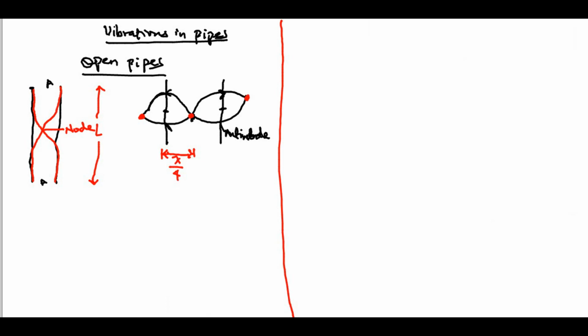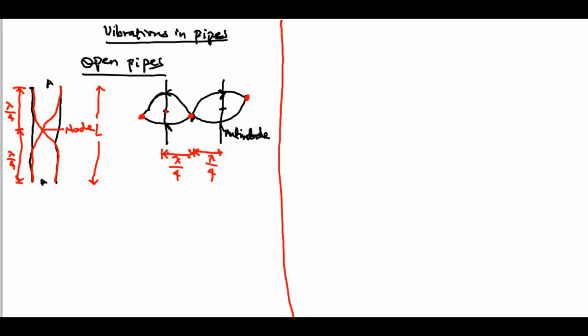So from here down to this point is a quarter wavelength, and from this point down to this point is also a quarter wavelength.